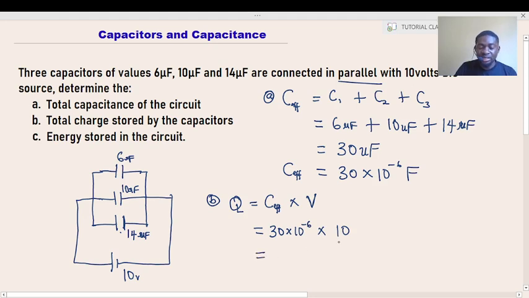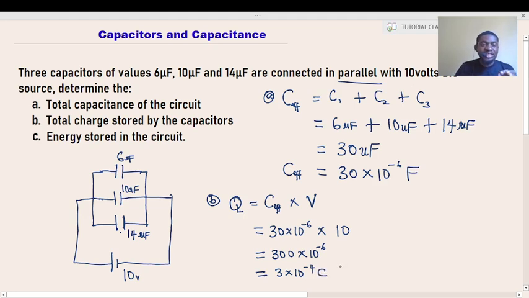This gives us 300 times 10 raised to the power minus 6, which is 3 times 10 raised to the power minus 4. Charge is measured in coulomb, so the SI unit is C.